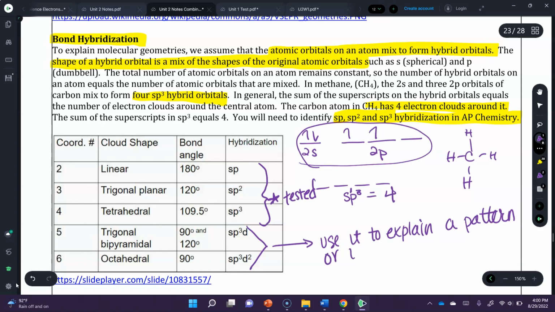Okay, so it's an exception. You are not going to be expected to be able to identify them, but you may be given it and asked, hey, how does that fit here? But that's a very, very small exception rule that might not appear on the test. But you do need to know sp through sp3 for the assessment.